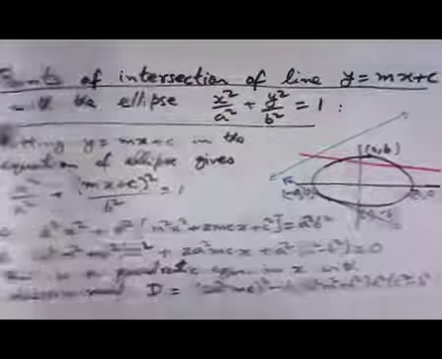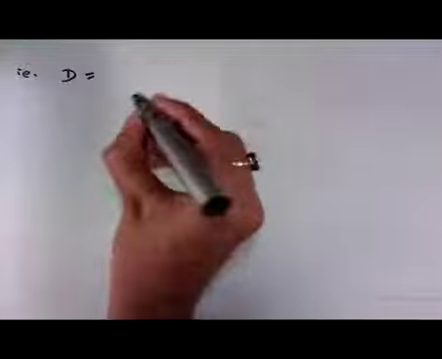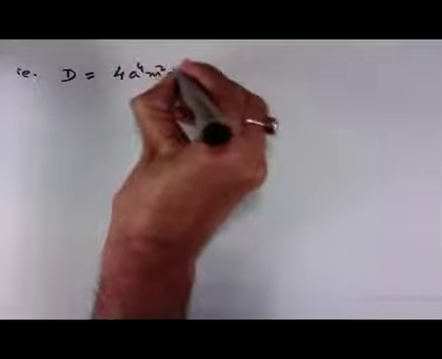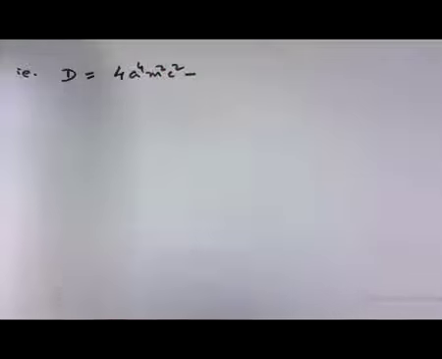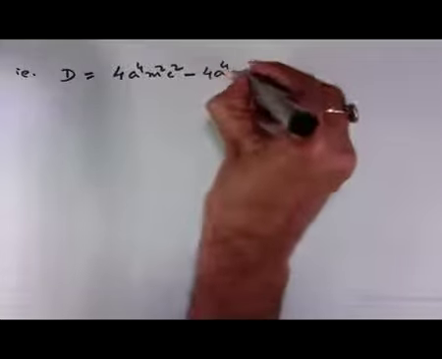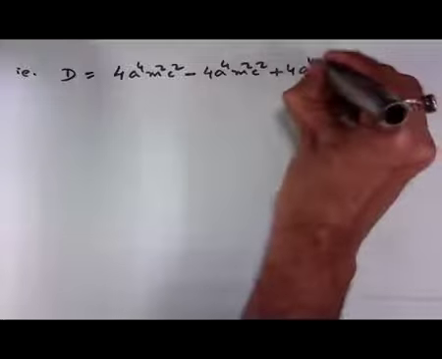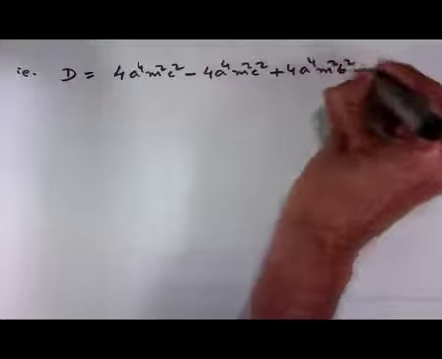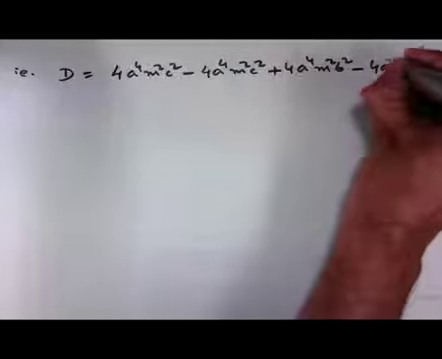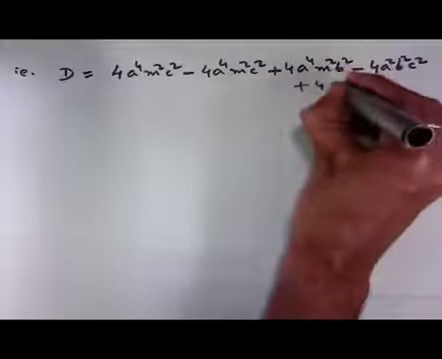This gives discriminant as 4 a to the 4 m square c square minus 4 a to the 4 m square c square plus 4 a to the 4 m square b square minus 4 a square b square c square plus 4 a square b to the 4.